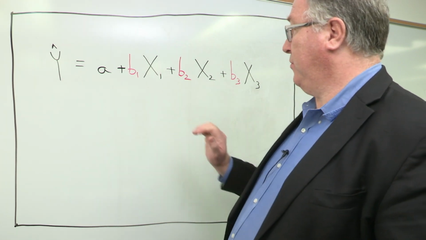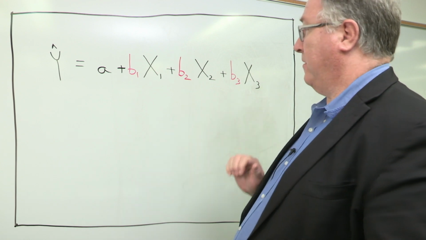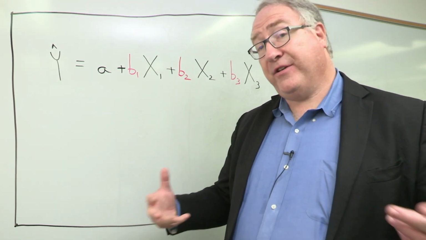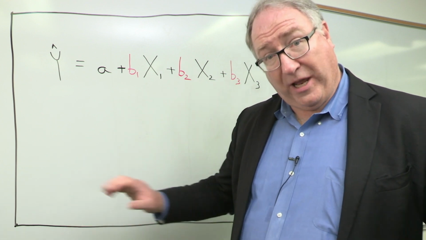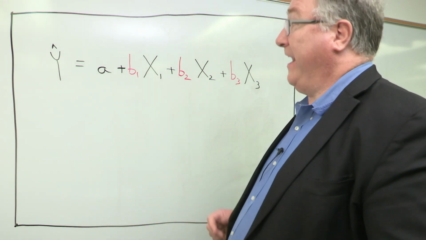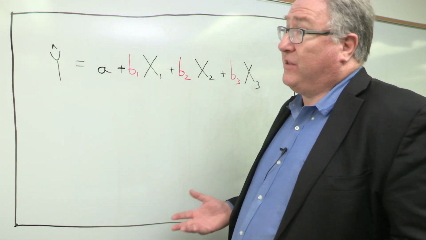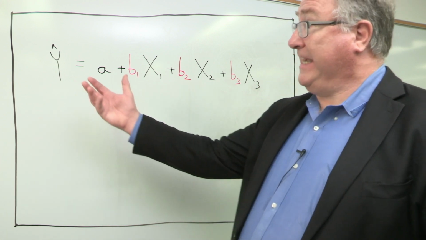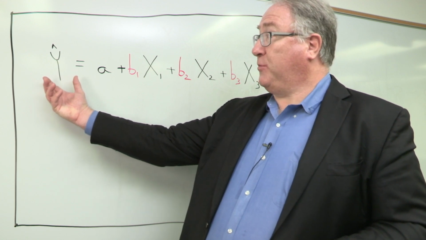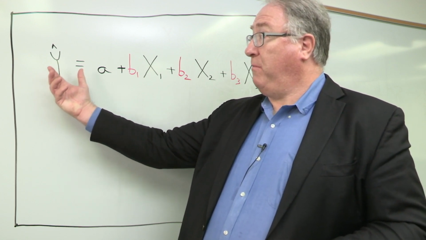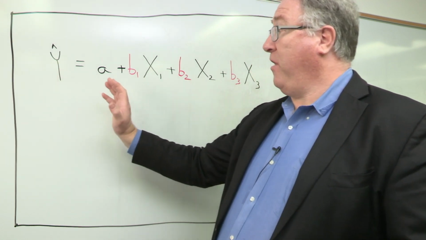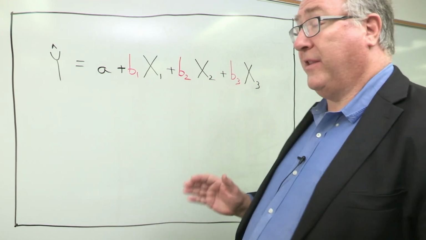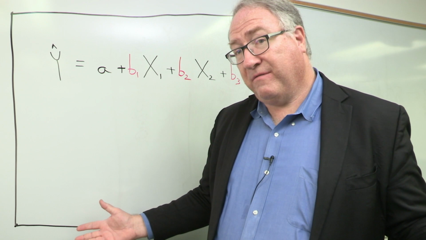1, 2, 3, 4. And so I'm going to conclude this discussion by just pointing out what you're doing with this regression equation: you are predicting each participant's score on the outcome variable measure from their scores on the predictor variable measures.